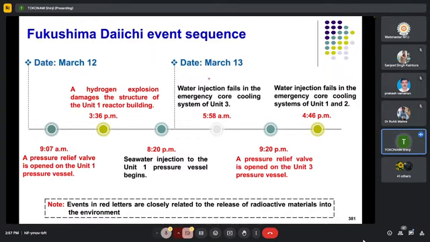On March 13, water injection fails in the emergency core cooling system of Unit 3 at 5:58 a.m. At 9:20 p.m., a pressure relief valve is opened on the Unit 3 pressure vessel. Water injection fails in the emergency core cooling systems of Units 1 and 2. Note that events in red letters are closely related to the release of radioactive materials into the environment.